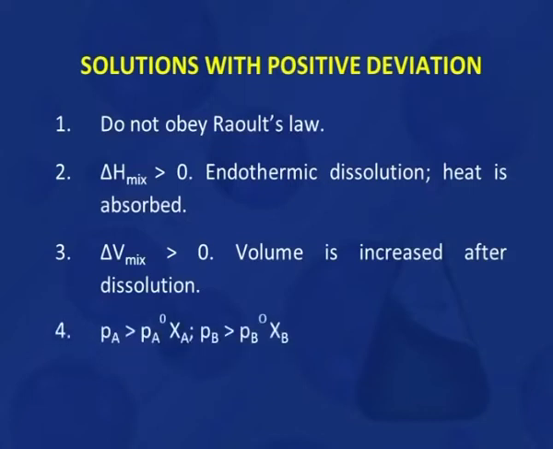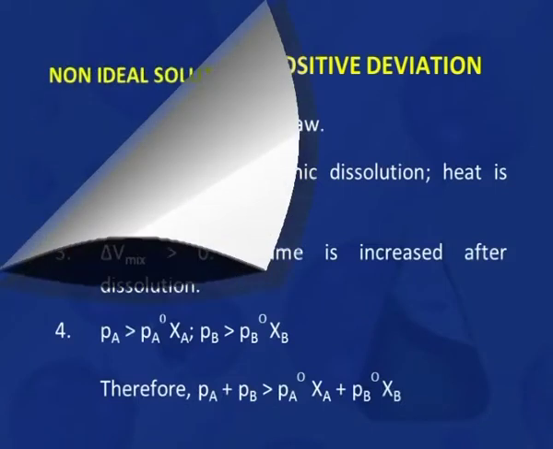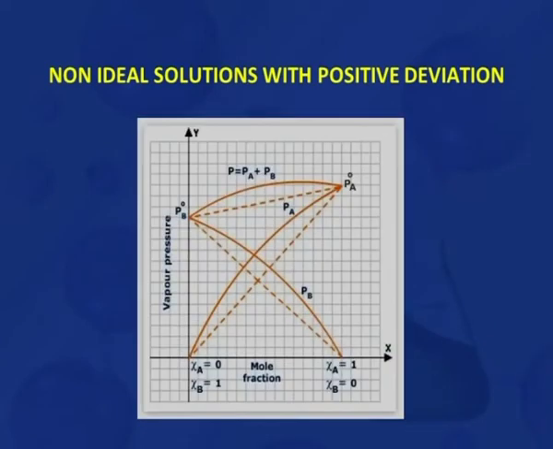Pa is greater than P naught A x A and Pb is greater than P naught B x B. Here Pa is the partial vapor pressure of the solute and Pb is the partial vapor pressure of the solvent. Therefore, Pa plus Pb is always greater than P naught A x A plus P naught B x B. Here is the Raoult's law graph.